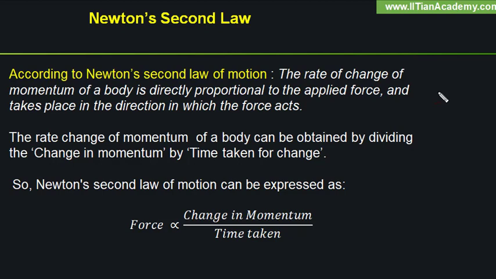According to Newton's second law of motion, the rate of change of momentum of a body is directly proportional to the applied force and takes place in the direction in which the force acts. The rate of change of momentum of a body can be obtained by dividing the change in momentum by the time taken for change.